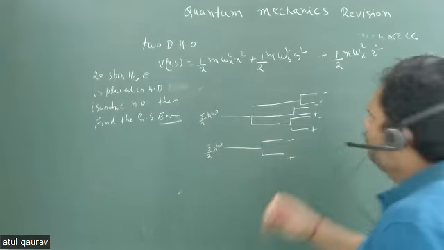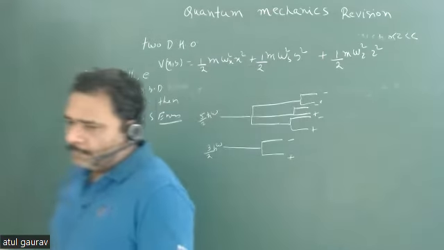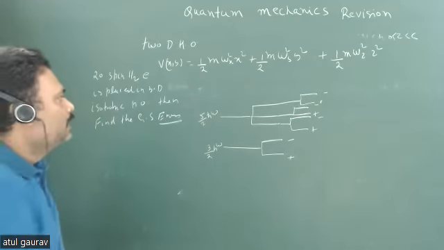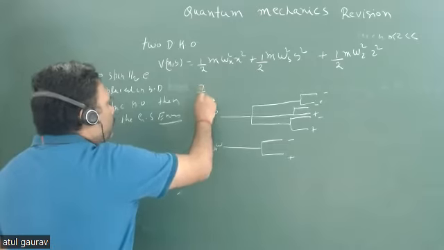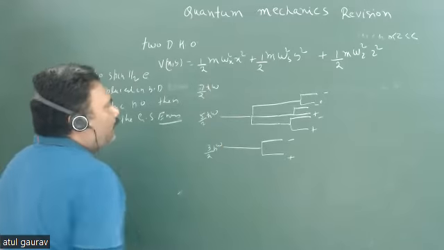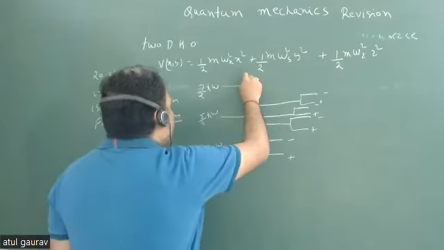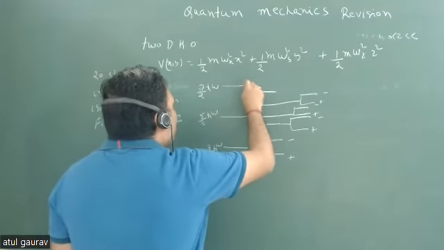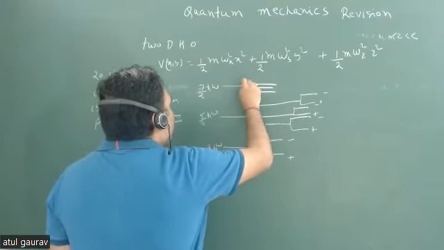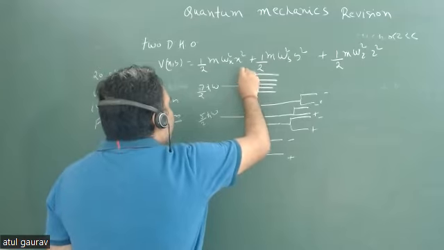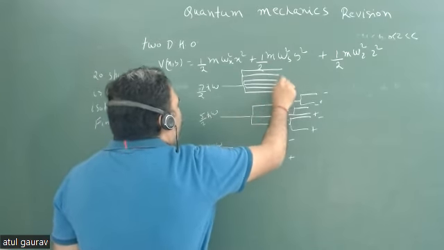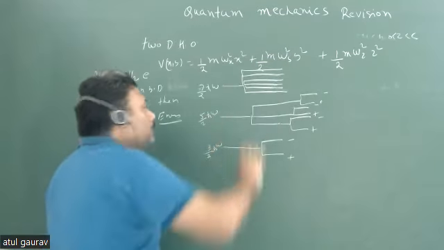And what about the next level? 7/2 ħω. What will be the degeneracy for this level? Six-fold degeneracy, so 1, 2, 3, 4, 5, and 6, and this is without spin.